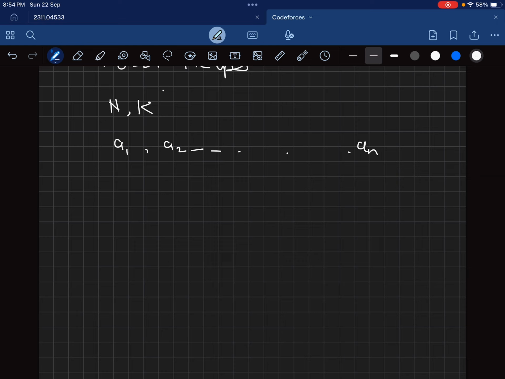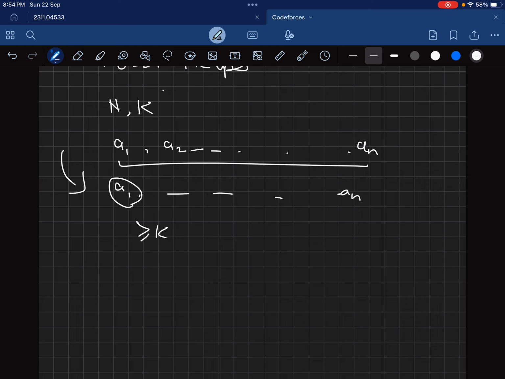What these numbers signify is the amount of gold coins with n people, a1 up to an. Robin checks if a particular person has greater than or equal to k gold.